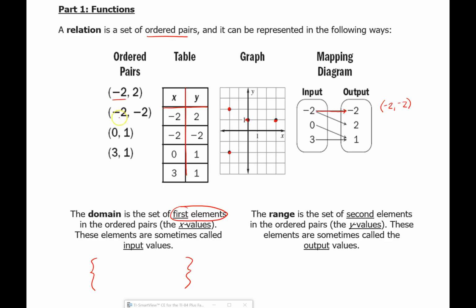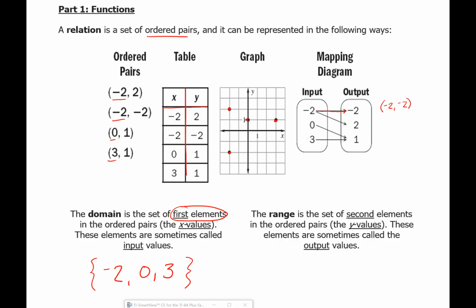If I look at my x values, I see that I have -2, -2, 0, and 3. I don't need to write that -2 two times. I'm just going to write it once: -2, 0, and 3. Notice that there are commas in between each item in the set. You must have those commas to delineate the three numbers in the set. -203 is not in the set. That's what it would say without those commas.